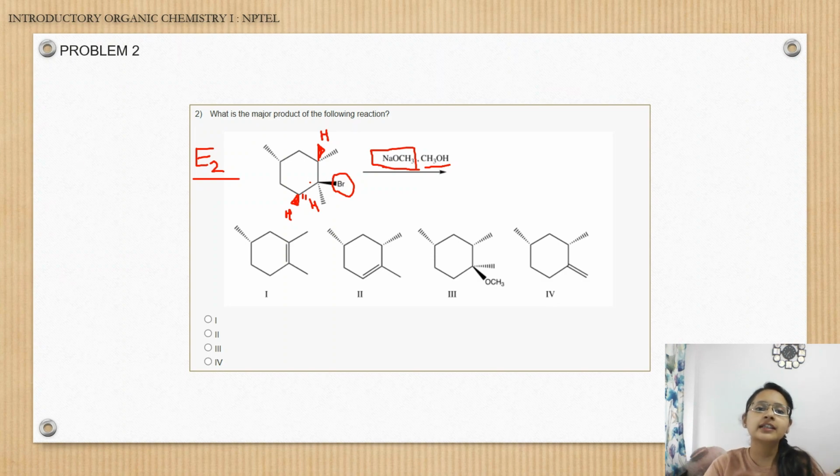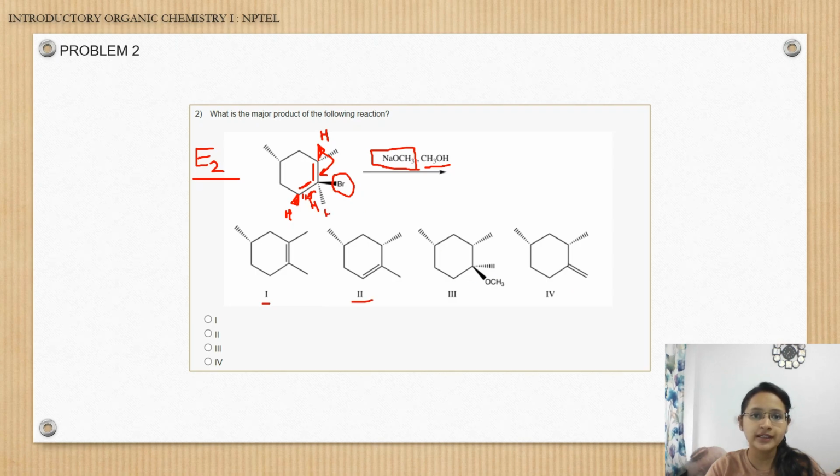Now in this case you have to look at which hydrogen should leave. Either this hydrogen: if this leaves, then you will have an alkene with this double bond. If this hydrogen leaves, then you have an alkene with the double bond on this side. So now you have to look whether compound 1, compound 2 or compound 3 is getting formed.